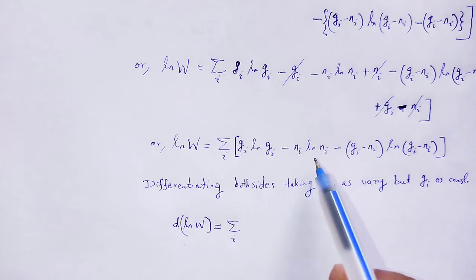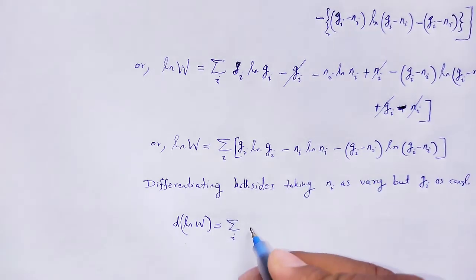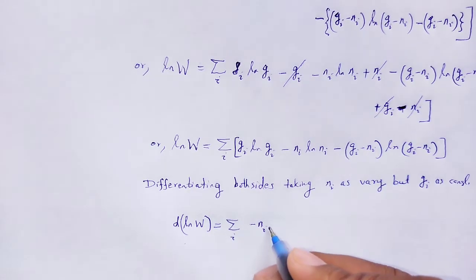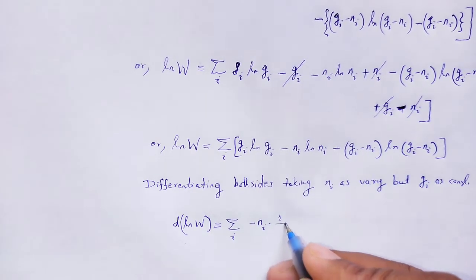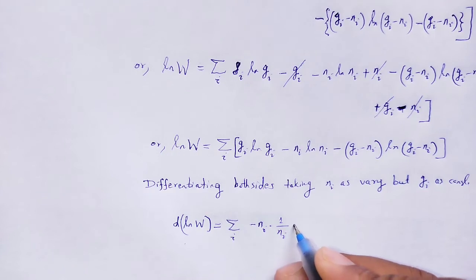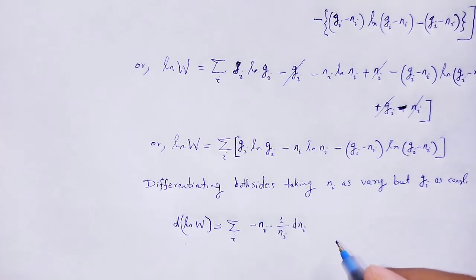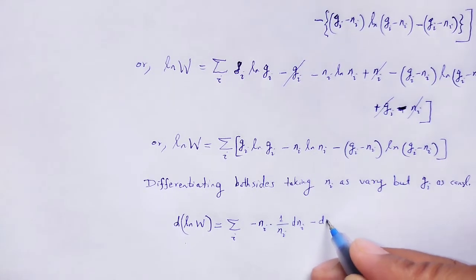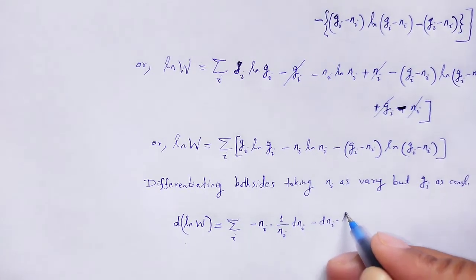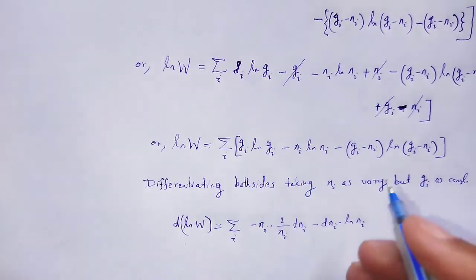For the first term differentiation, the second term is constant, and for the second term differentiation, the first term is constant, so it will be minus Ni into 1 by Ni dNi, minus dNi into ln Ni.